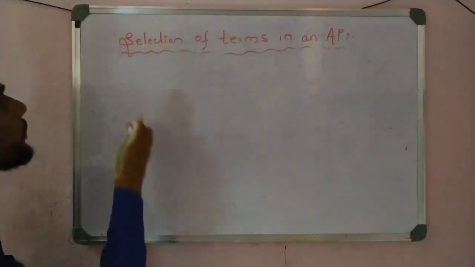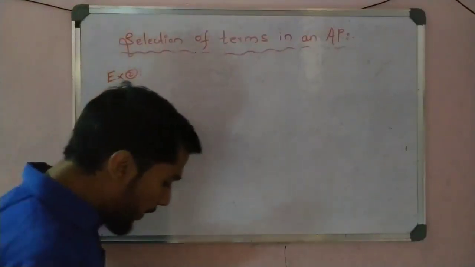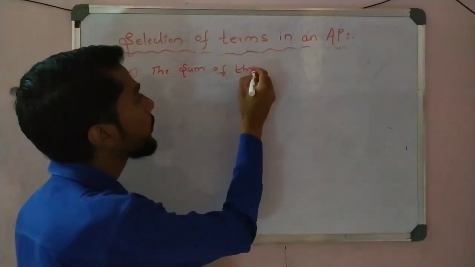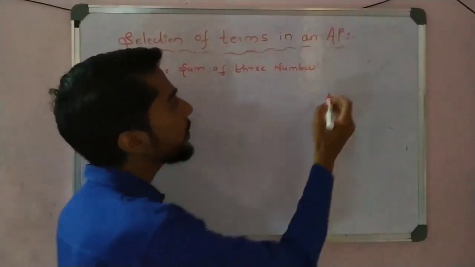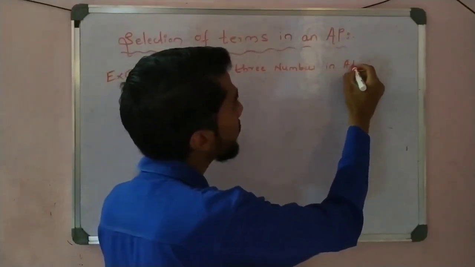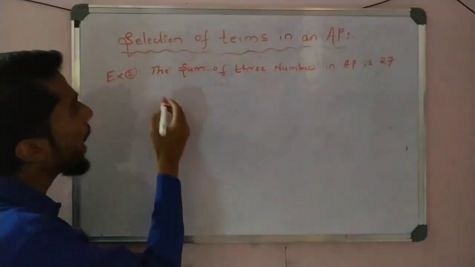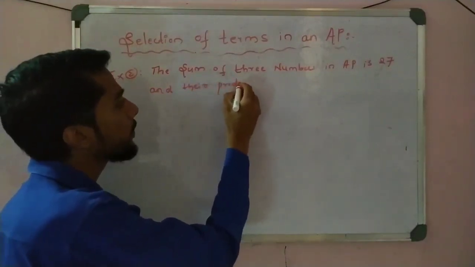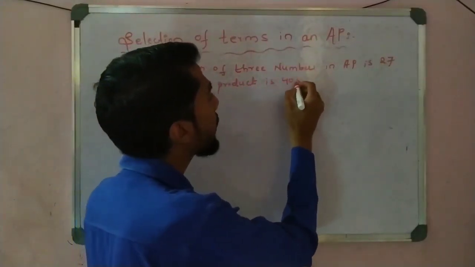Example number 2: the sum of three numbers in AP is 27, and their product, meaning multiplication, is 405.